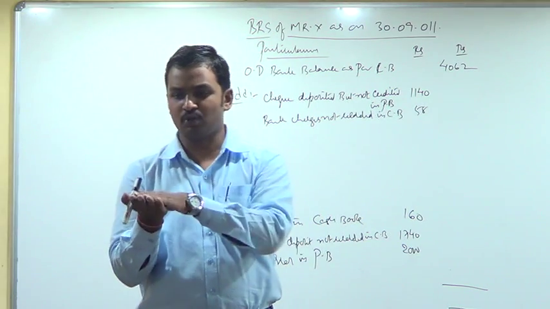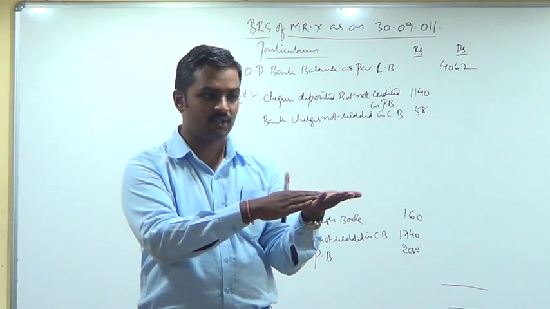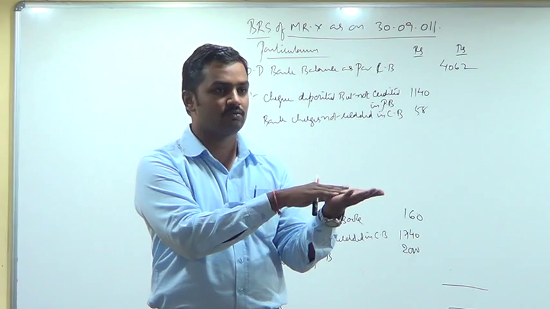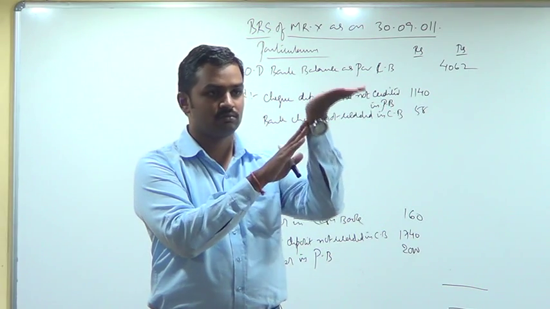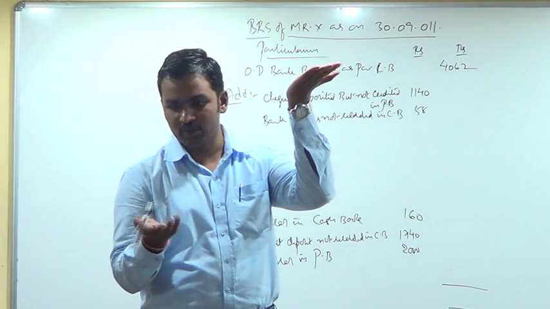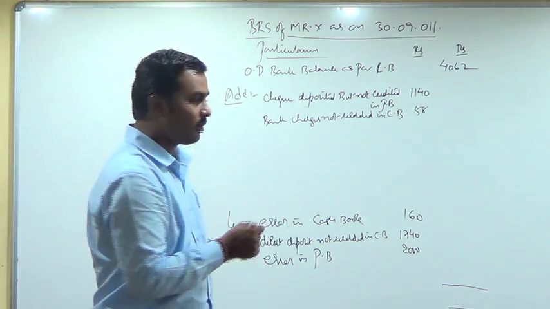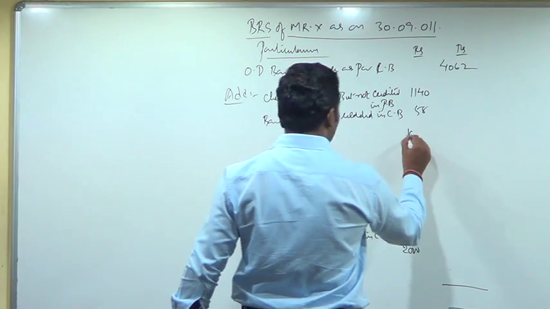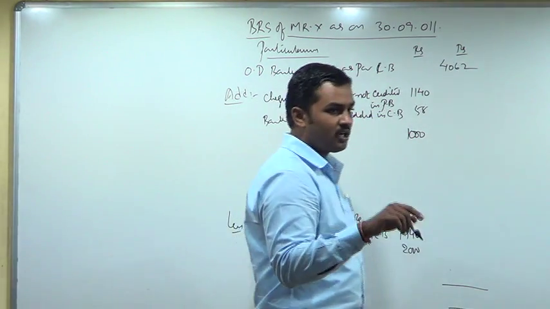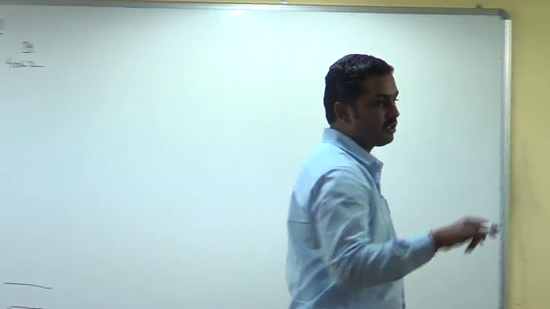Start with overdraft balance. Cash book overdraft, passbook overdraft. Withdrawal in the passbook increases the overdraft balance. Cash book, no entry. What should I do to the cash book to make it equal? Add. How much amount? Please tell me, when a bill is discounted and dishonored, how much amount will the bank deduct from the holder's bank account?